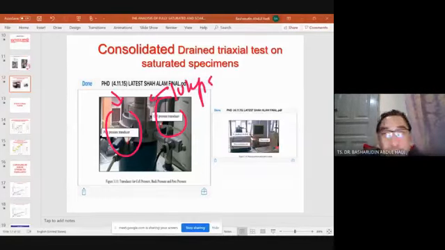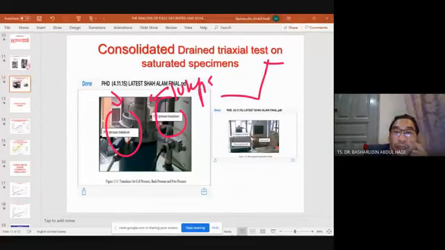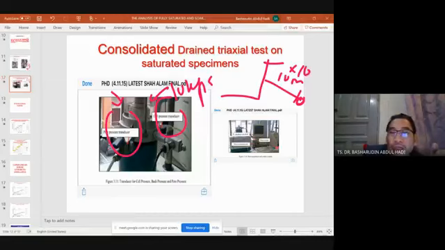For example, if this is the slope and the depth is 10 meters, the soil sitting here is 10 meters times gravity, which we call 10, so we get 100 kPa.